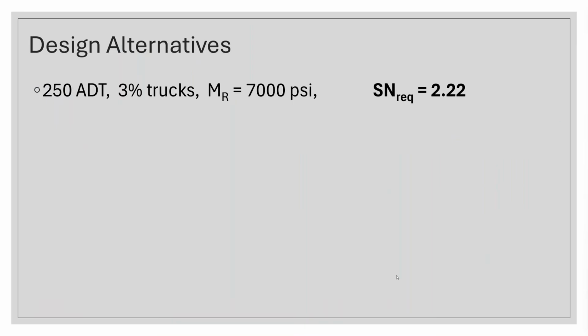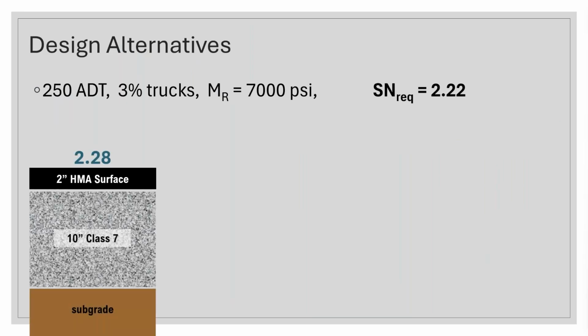And then the final alternative with that really low traffic level, 3% trucks, good subgrade, our structural number there was only 2.22. So what kind of pavement layers will work for that? If I try 2 inches of surface over 10 inches of class 7 base, I get a structural number of 2.28, which is enough.